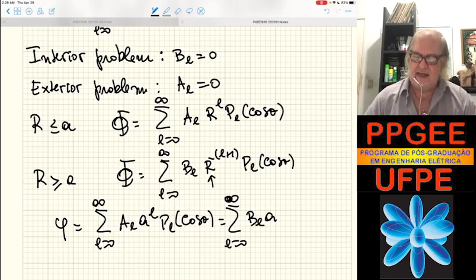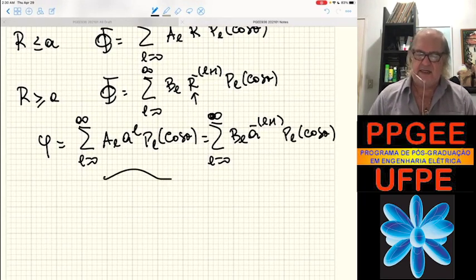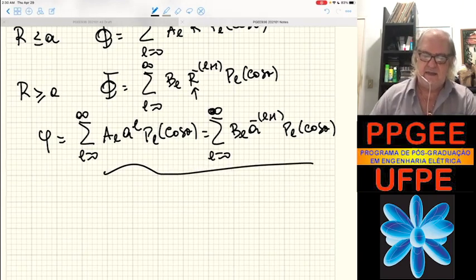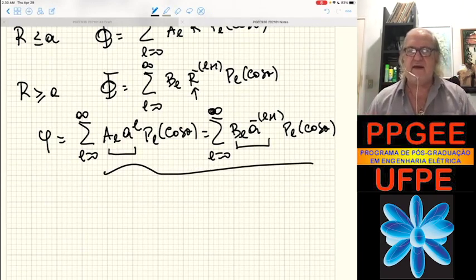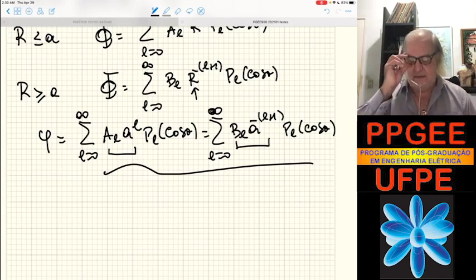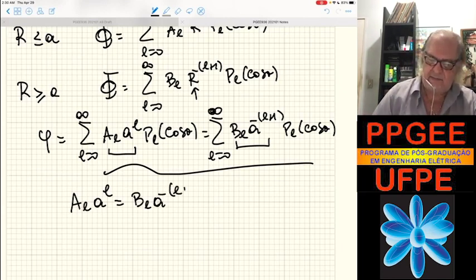So r equals a gives a to the minus L plus 1 here, times PL cosine theta. What does it mean? Because this expansion is unique, this coefficient has to be equal to that one. If I calculate one of them, I have the solution for the other one, right? So, for instance, AL a to the L equals BL a to the minus L plus 1.